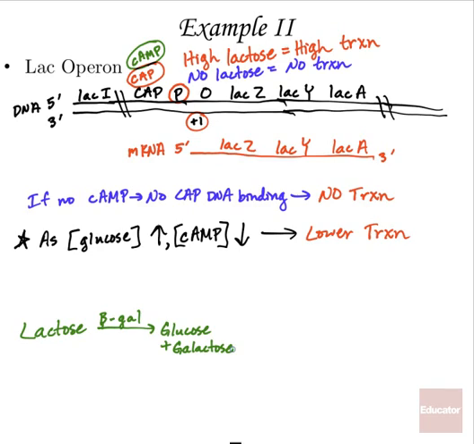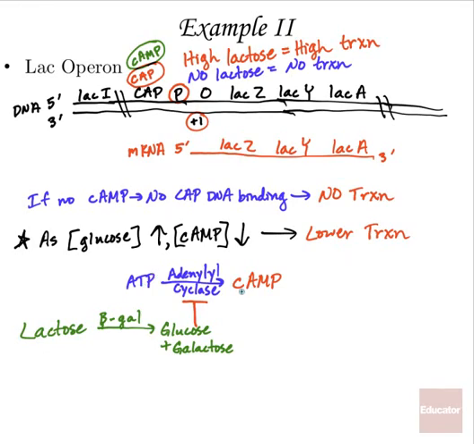Well, glucose, in fact, blocks an enzyme called adenylyl cyclase. And that enzyme is responsible for turning ATP into cAMP. So, as glucose concentration goes up, we block more of the enzyme that turns ATP into cAMP.